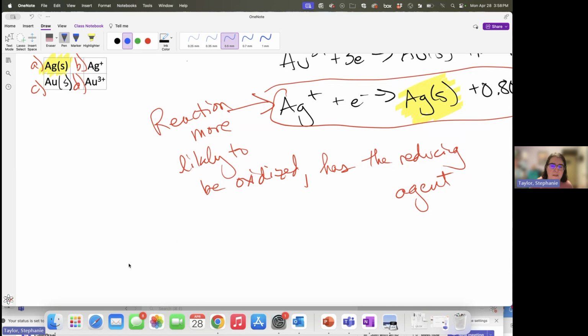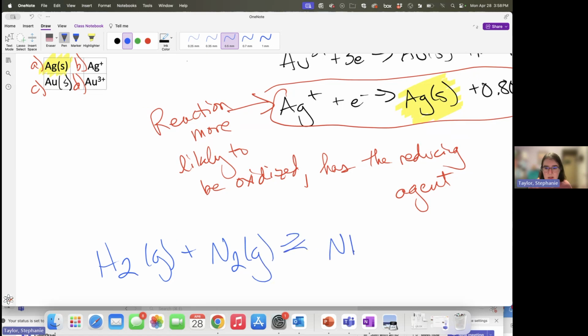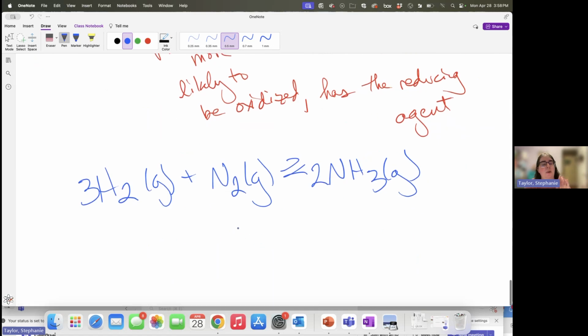Oh, we'll do an old faithful reaction. H2 as a gas. I'm going to balance this in just a minute. H3 as a gas, and I put a 2 there, and I put a 3 here. If I was going to talk about this reaction either for thermodynamics or for electrochemistry, which would be a little weird, but doable, because this is also an electrochemical reaction. This is a redox reaction in here.